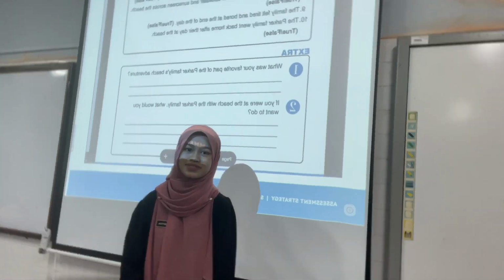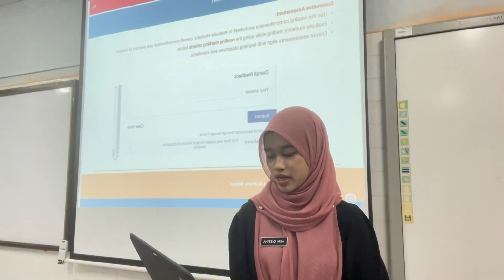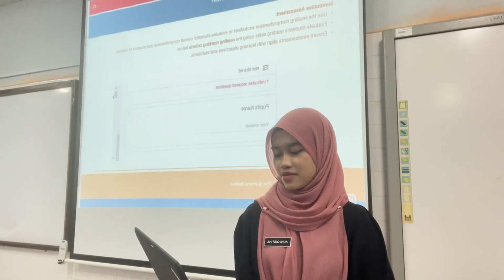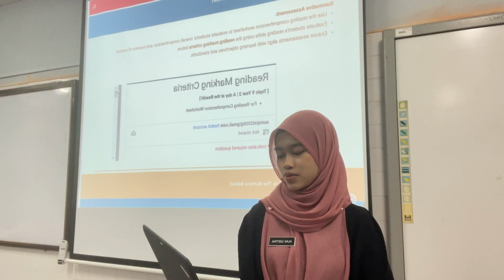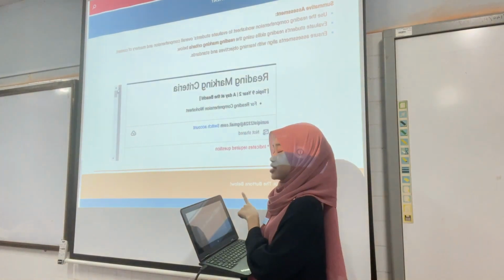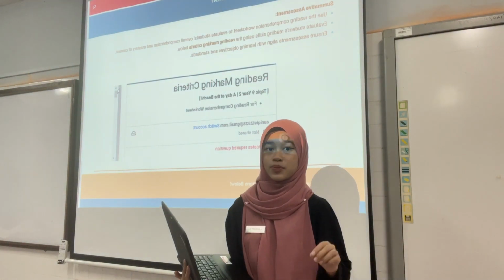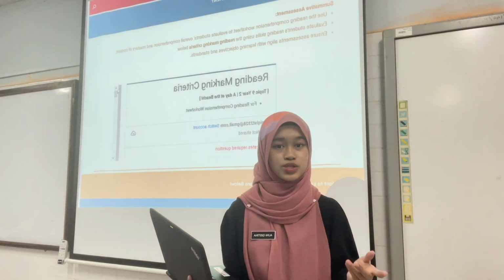Okay? Okay. So, you may be wondering, how do I assess this? So, if you scroll downwards, you will see a reading marking criteria. You can use this template to change up a few things, or you can even put the criteria that you wish to observe.